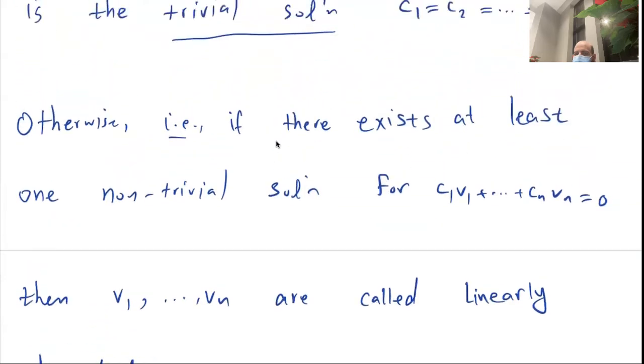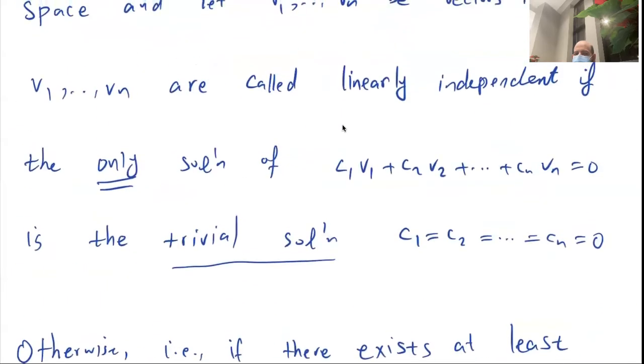So linearly independent means the only solution of this system is C1 equals ... equals Cn equals 0.